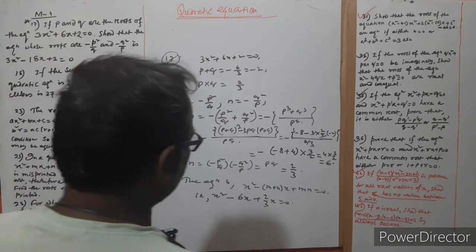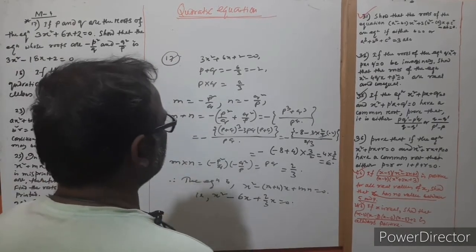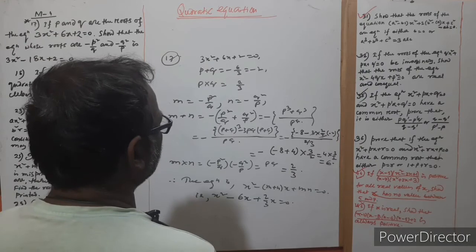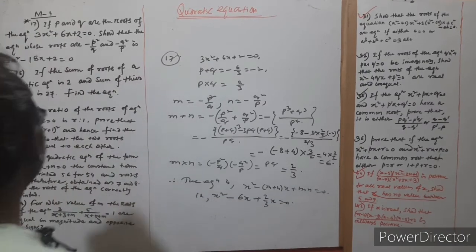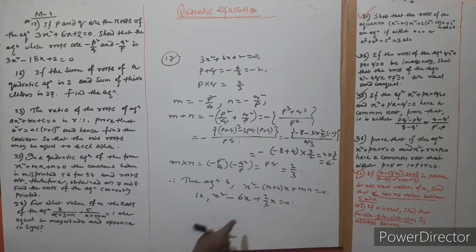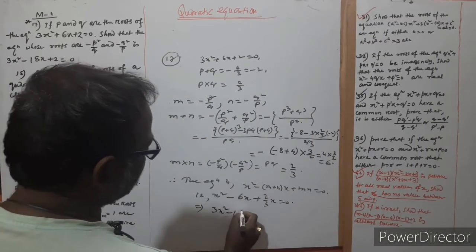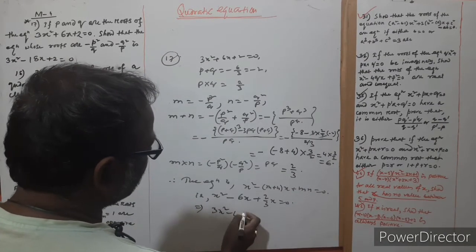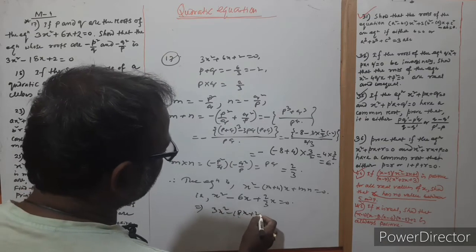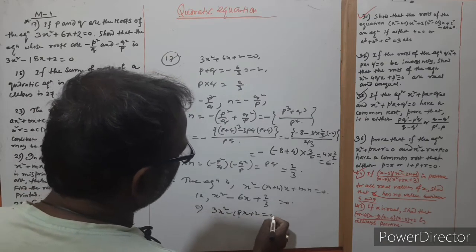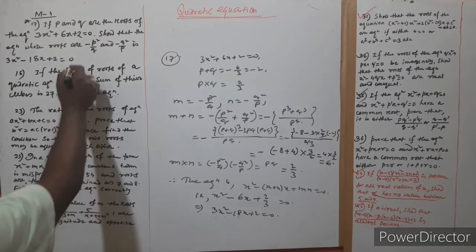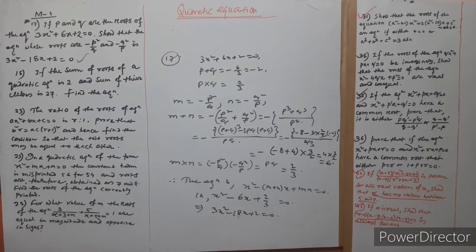Actually I made a mistake, it is minus 6x. Now take the LCM, then we get 3x square minus 18x plus 2 equal to 0. So this is your solution.